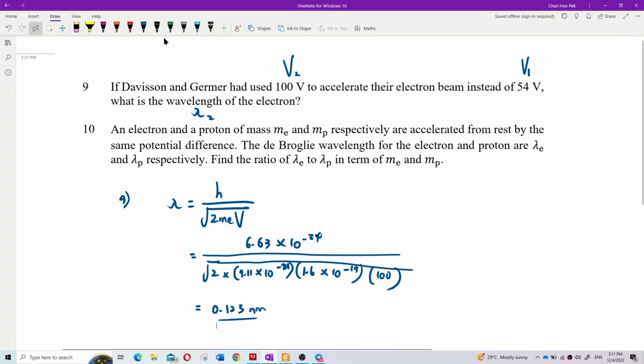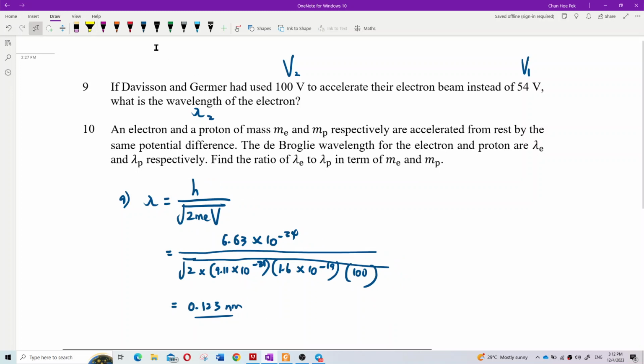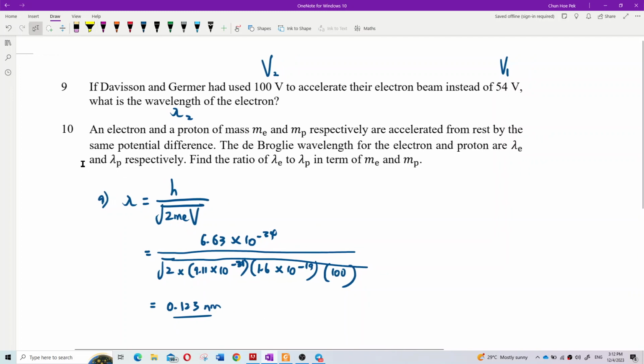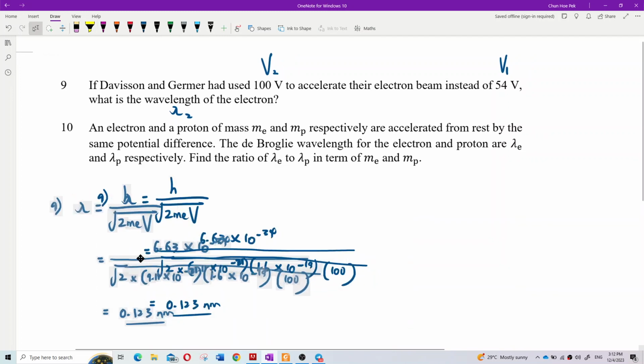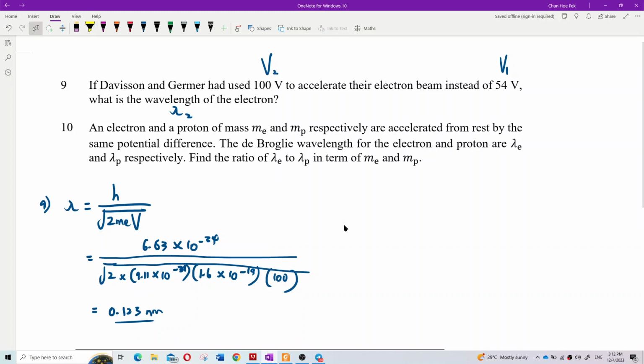Okay, now let's look at question 10. So you have an electron and a proton, both accelerated from rest by the same potential difference. So again, this one has 2 columns, one is electron, one is proton.